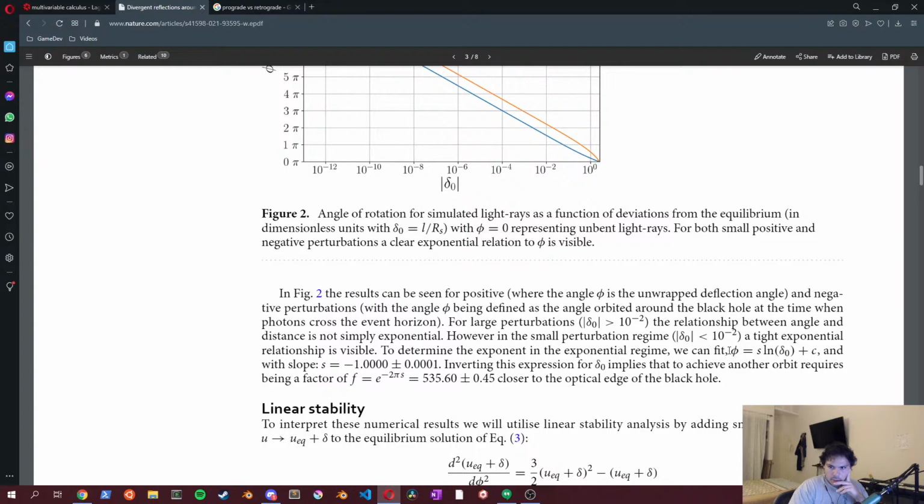So they're just saying if I plug 2 pi in here, then delta 0 is e to the minus 2 pi s, basically. Or sorry, the change in d0 to get a change in phi of 2 pi is given by this, minus 2 pi s.